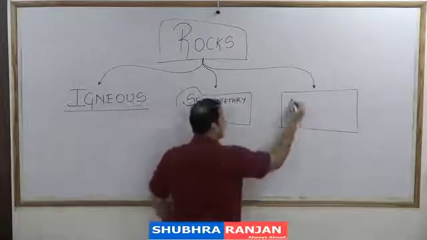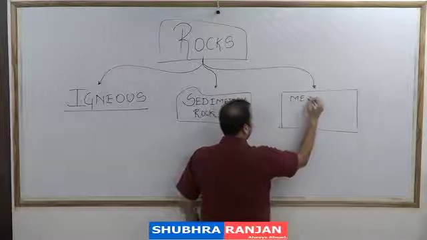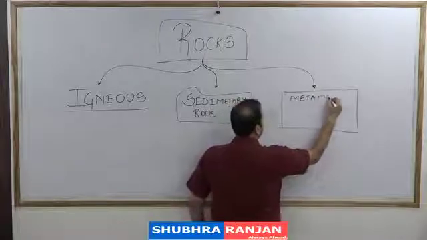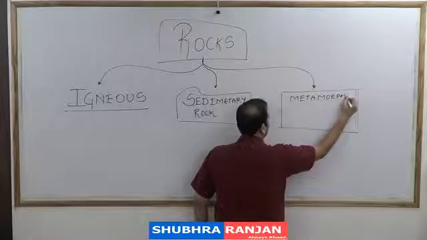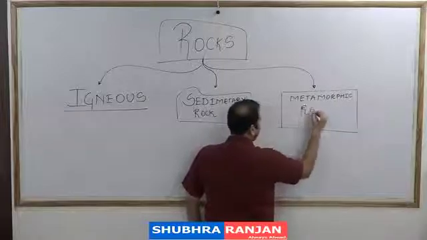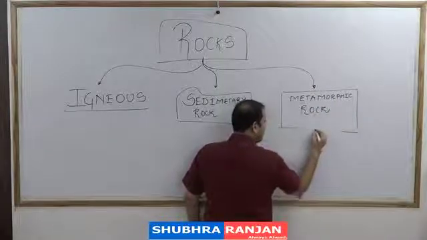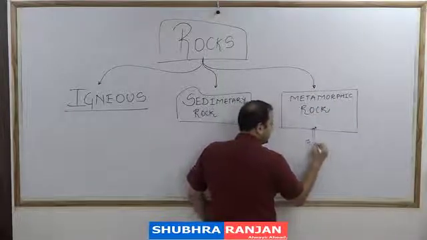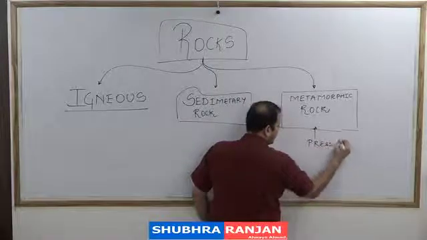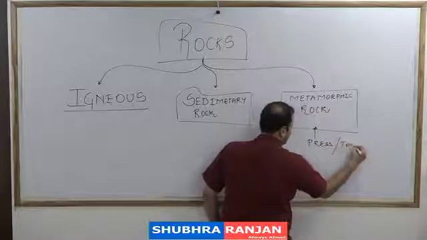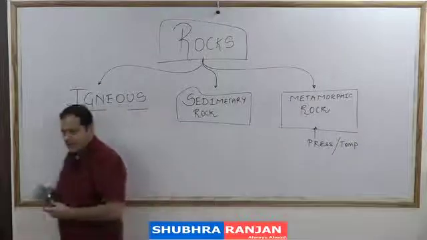So third kind of rock is known as a metamorphic rock. Why is it caused? Either pressure will cause the change or temperature will cause the change, or both pressure and temperature will cause the change.